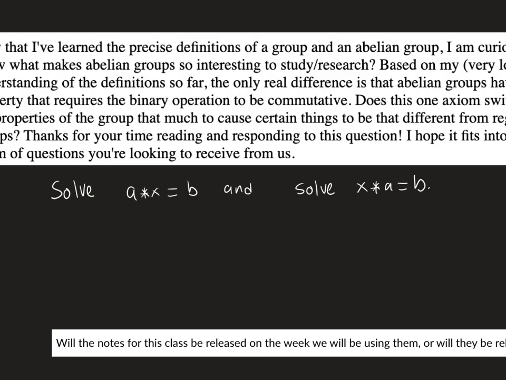Let's set it up. Let G be a group, and then A and B are in G. Now, if the group is abelian, then we know that the solutions for these two different equations are exactly the same.